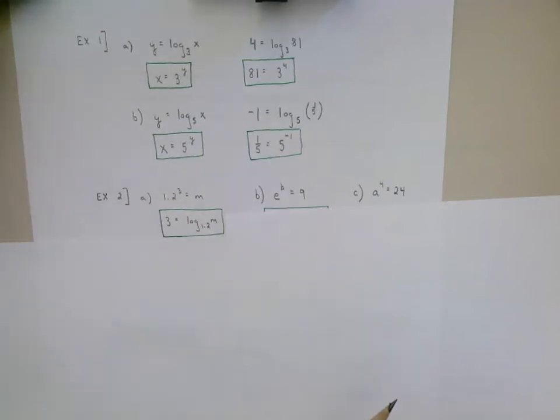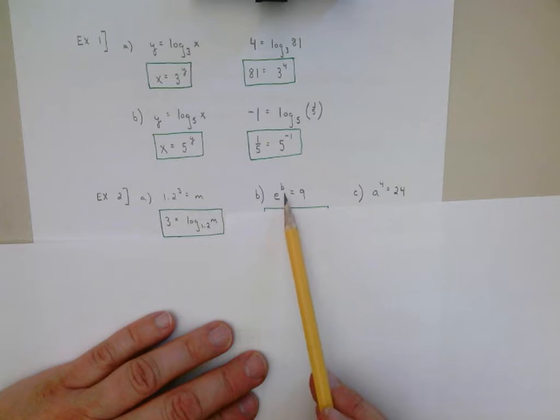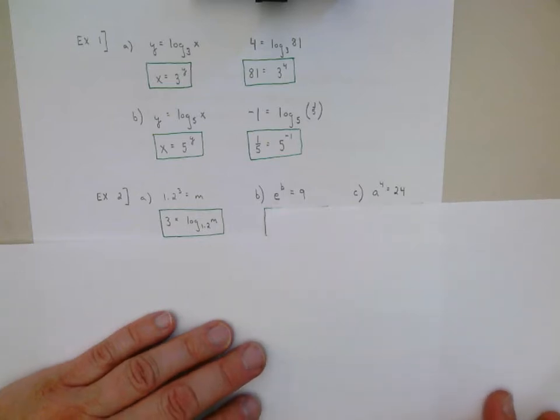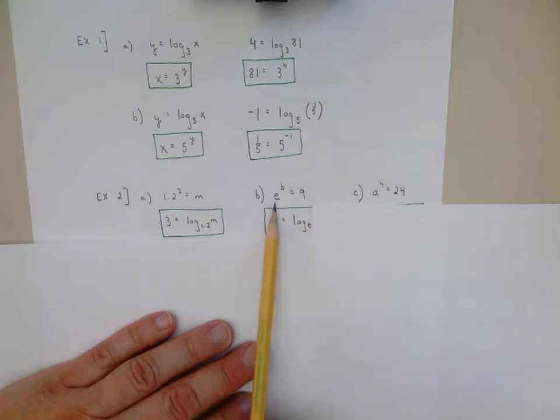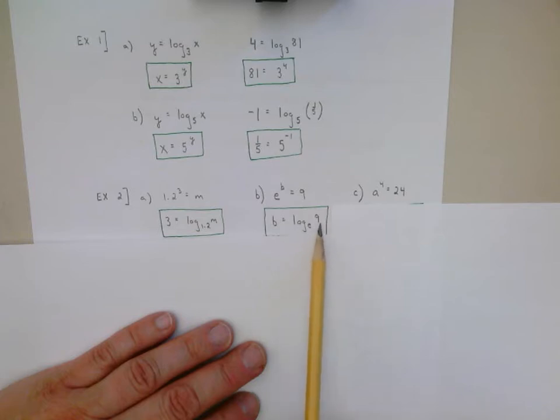All right, in example B, we see that b is the exponent. A logarithm, if you'll remember, is the name of a certain exponent. So b has got to be equal to a logarithm. The base from our exponential is also the base in our logarithm. When I read b equals log base e of 9, it tells us that b is the exponent that goes on the base e to make the power equal 9.